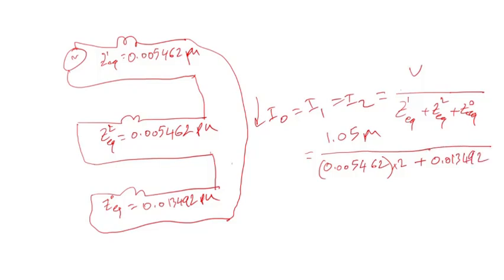All those are per unit. If you calculate that, it will be 43.0045 per unit. So this is I0, I1, I2.